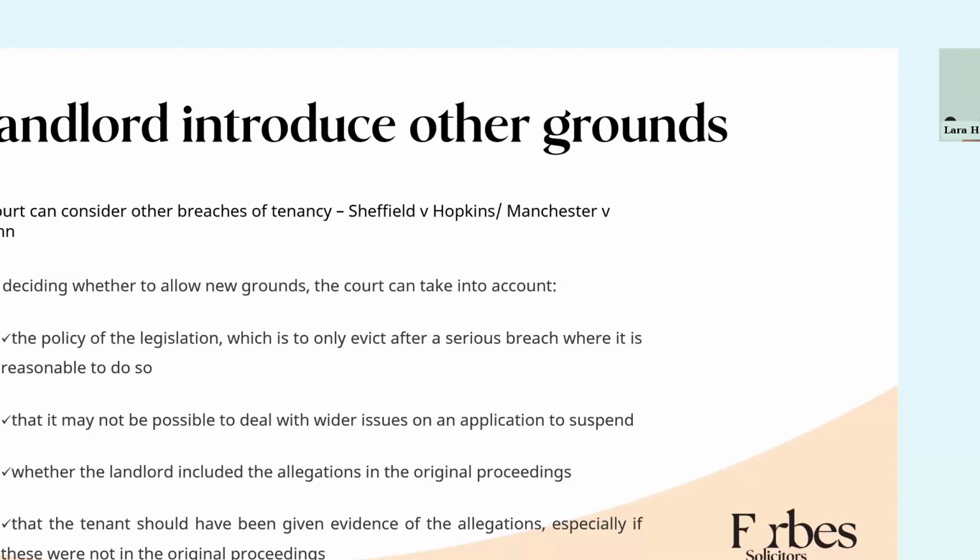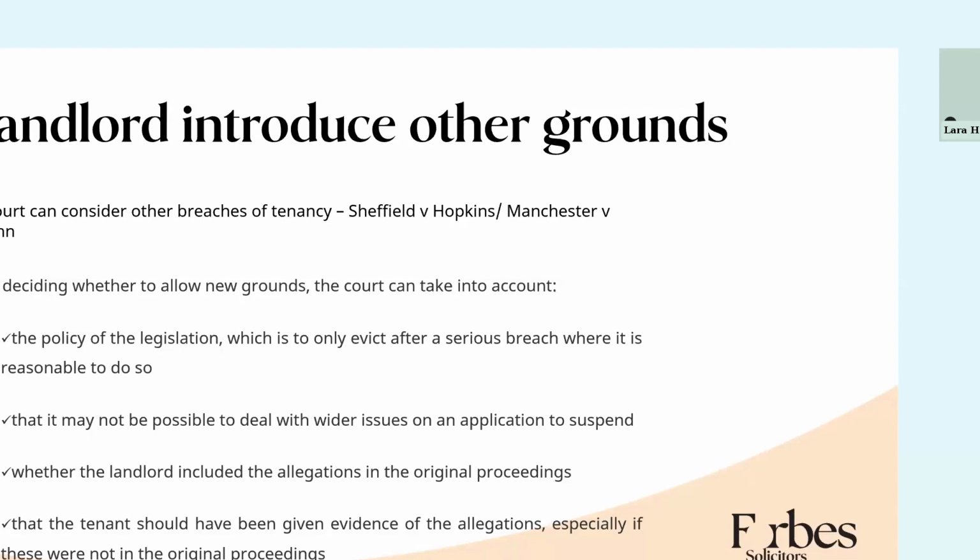In deciding whether to allow new grounds, the court can take into account the policy of the legislation, which is to only evict after a serious breach where it is reasonable to do so, that it may not be possible to deal with wider issues on an application to suspend, whether the landlord included the allegations in the original proceedings.